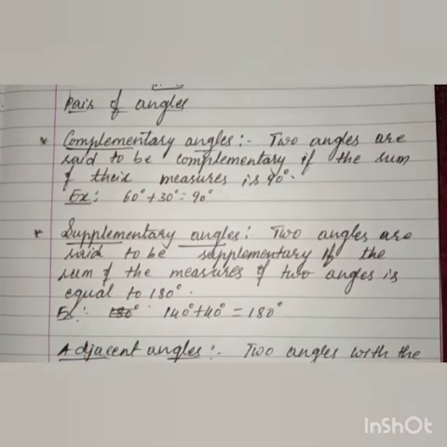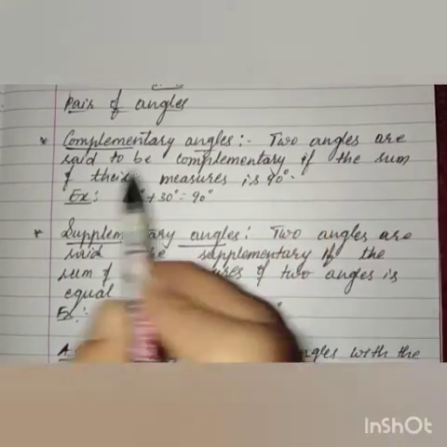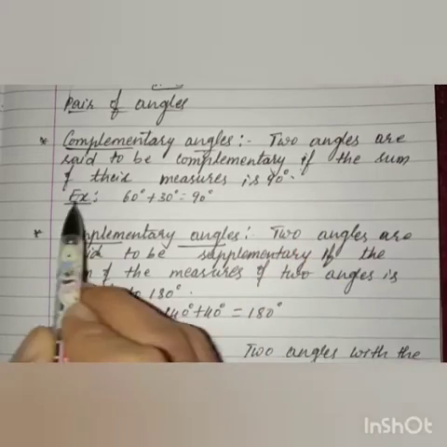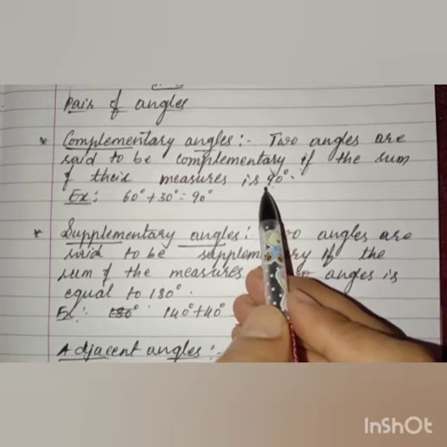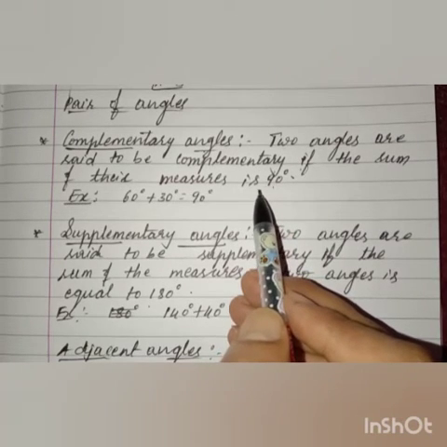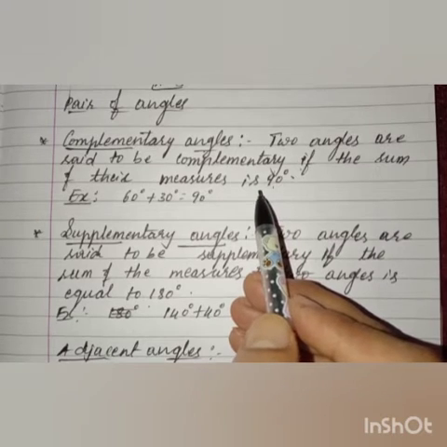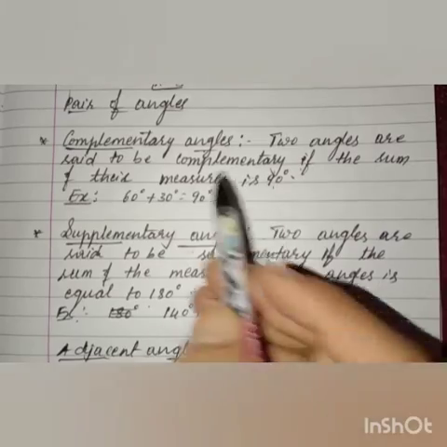What do you mean by complementary angles? Two angles are said to be complementary if the sum of their measures is 90 degrees. If we add those two angles and get 90 degrees, then those two are called complementary angles. I repeat again, listen.